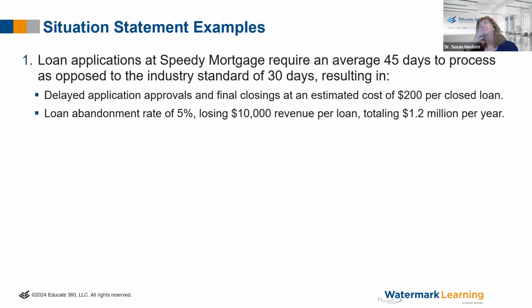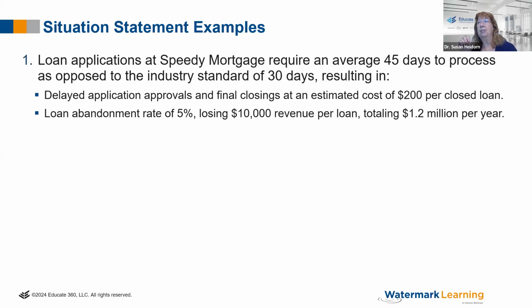Come on, people can take a little bit more time to deal with it. No, but so what does that mean? That means for us, delayed application approvals. Okay, so it takes time to approve them. Final closing cost. So that's $200 more per loan. People are not going to be happy about that. Loan abandonment rate of 5%.